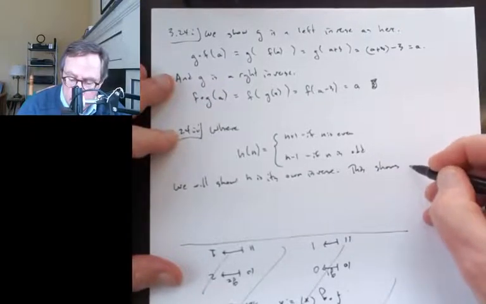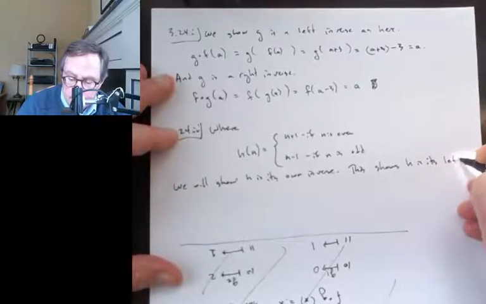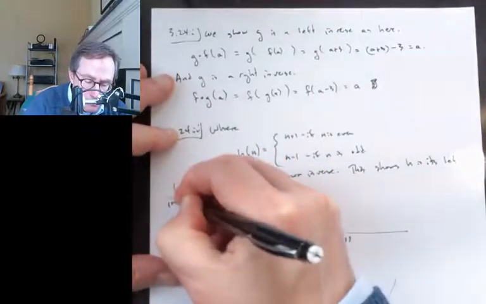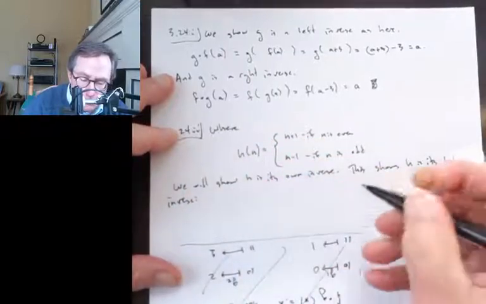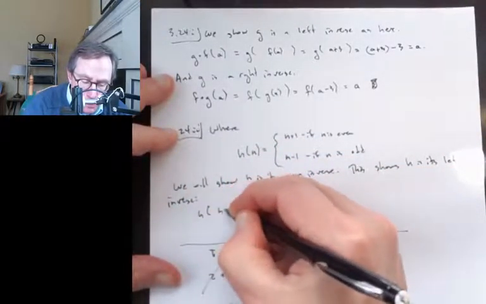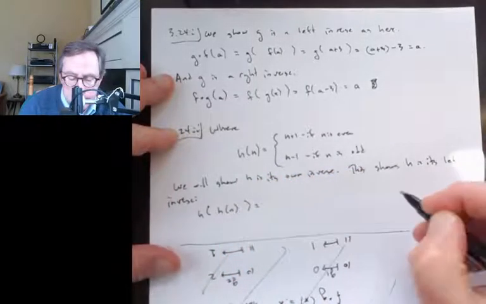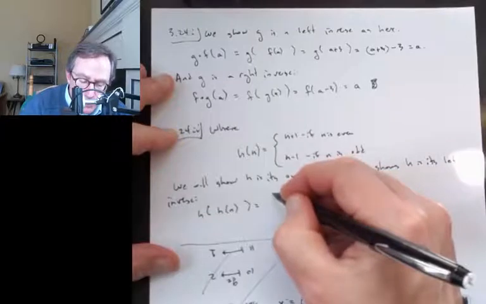Anyway, so first, this shows h is its own left inverse. And so I'll have h of h of n, and there are two cases.